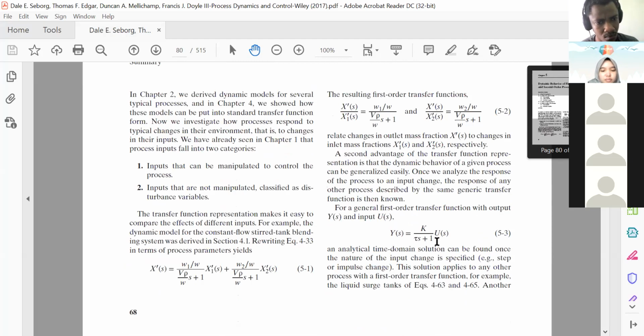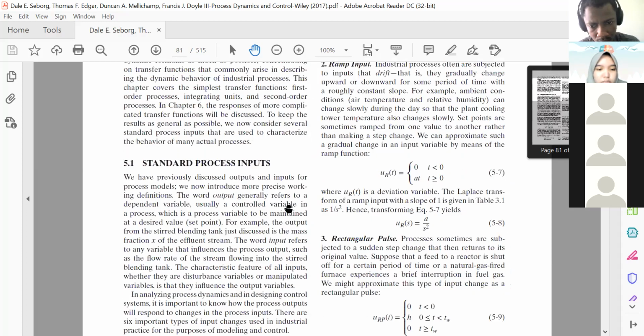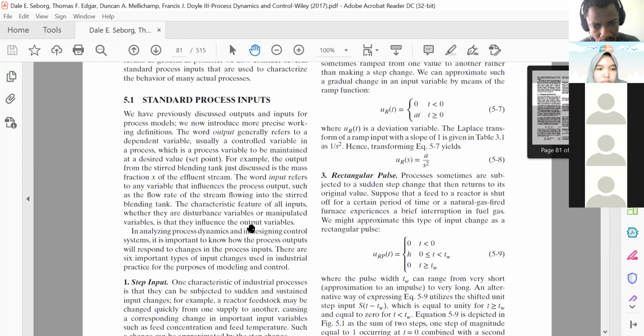From equation 5.3, Y(s) over U(s) equals K over (tau s plus 1). So we would like to change U(s) here in order to find the response of y. One of the process inputs is the step input.